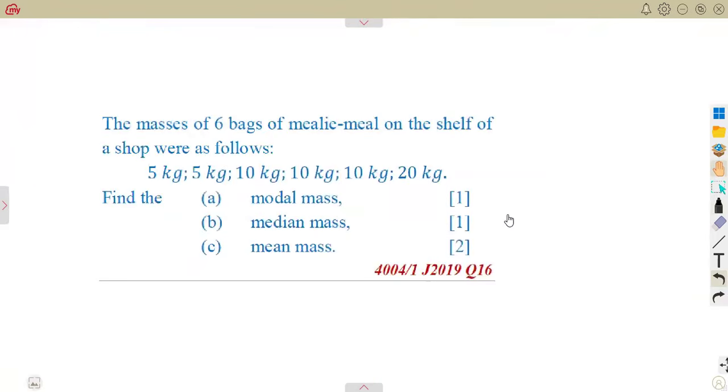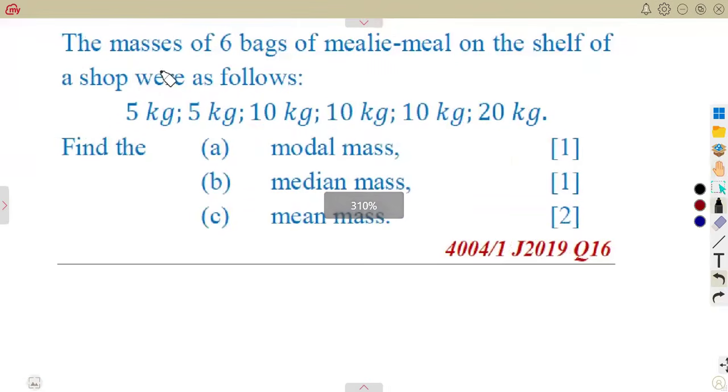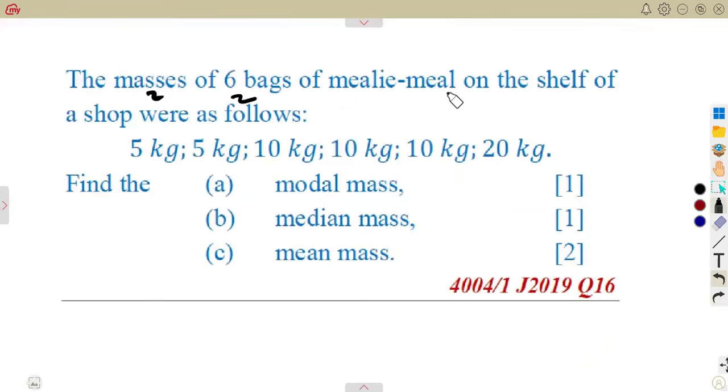Probability in our statistics. The masses of 6 bags of millet, as we are given, on the shelf of a shop were as follows: 5 kilograms, 5 kilograms, 10, 10, 10, 20. They are presented in the order of size, as we can see. Then the question is, find the modal mass.